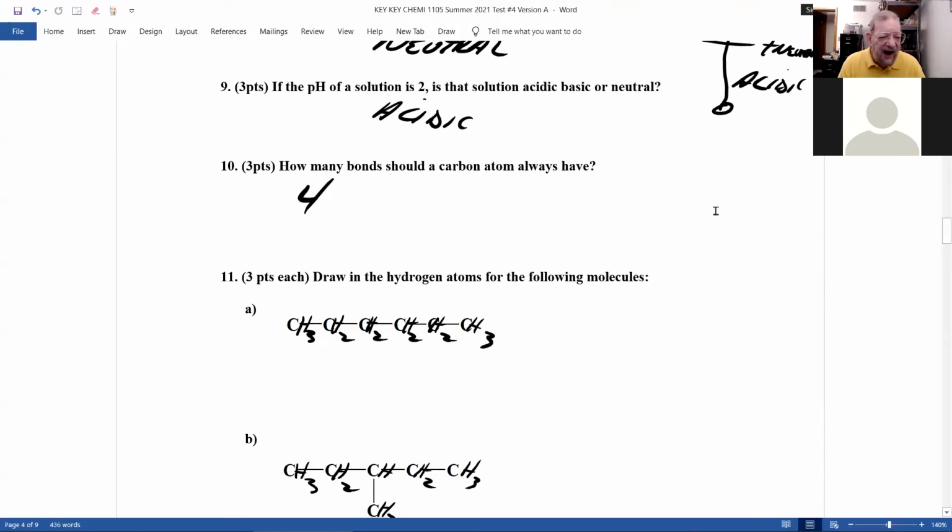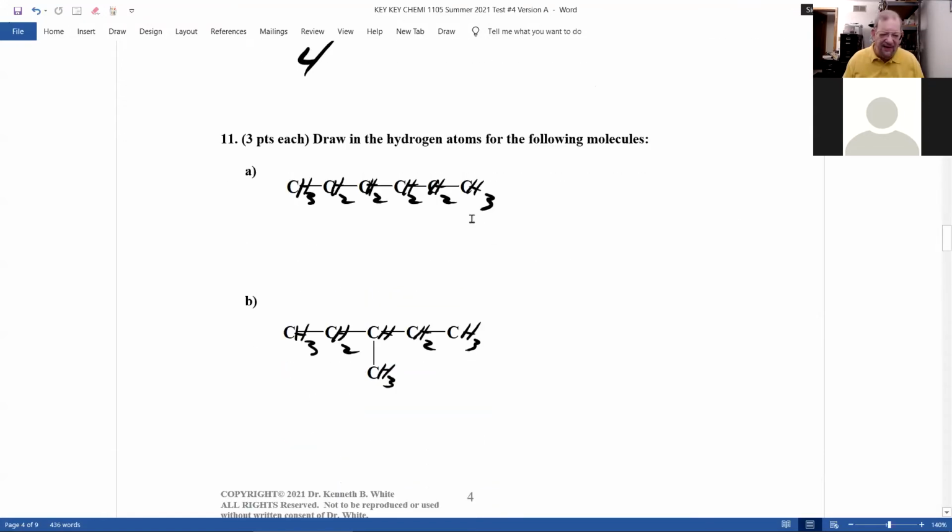Good stuff. How many bonds should carbon have? 4. All right, now for organic chemistry, it's very hard to give partial credit. And for 11, if you get any part of it wrong, it's all wrong. That's just the way I grade organic. All right, remember there's 4 bonds to carbon, count the lines, subtract that from 4, and that's how many hydrogens.